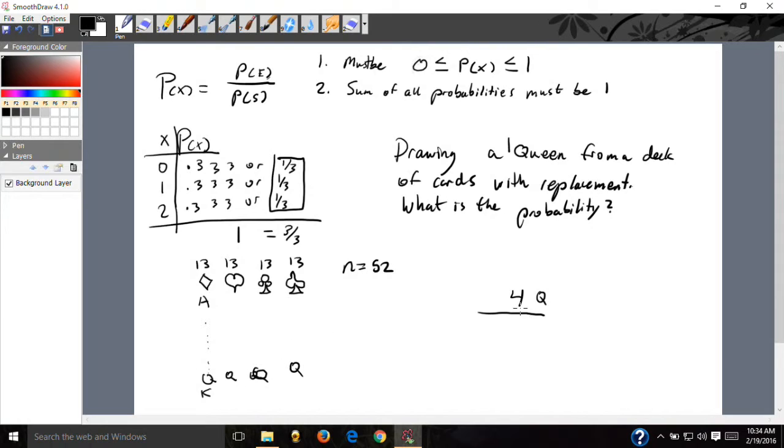Now, the probability over the entire sample space. Well, I already know what my entire sample space is. It's 52 cards. So, in fact, if I were to reduce this fraction, 1 out of 13 is my probability for drawing a single queen.